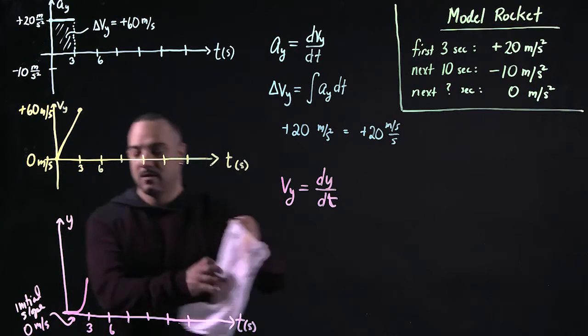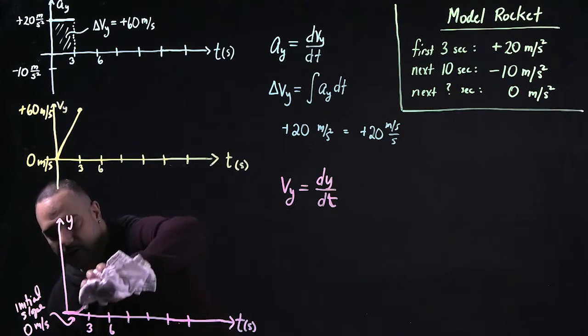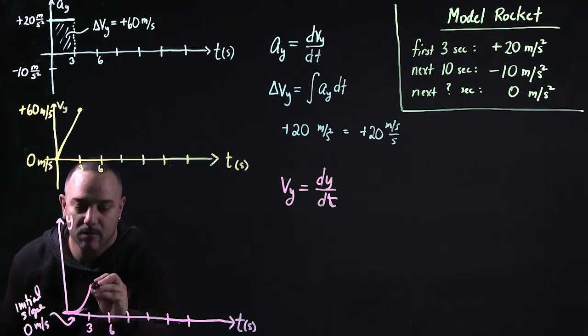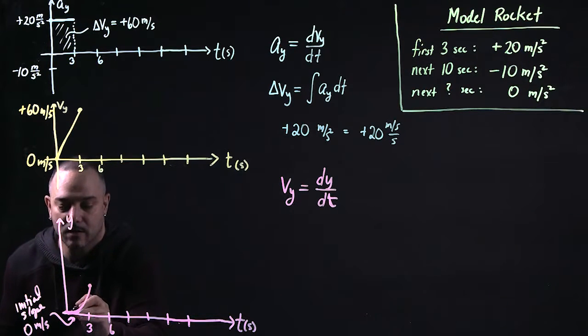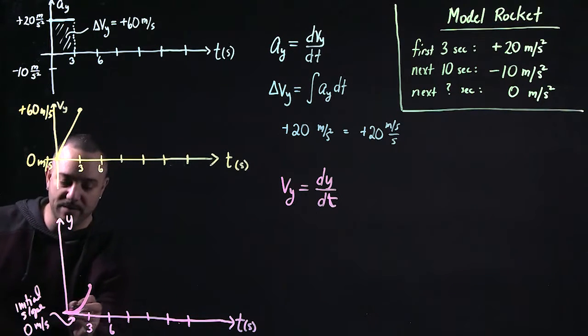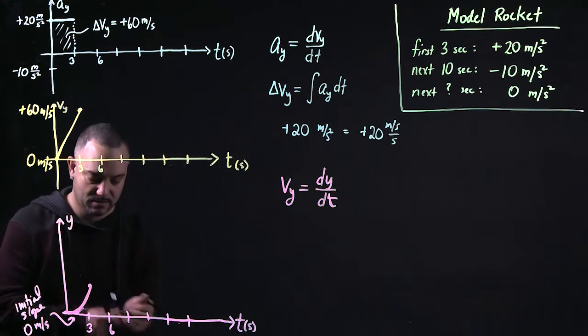Let me redo that little piece. All right, so as you can see, the slope is changing. The slope is initially 0, and then I can draw little tangent lines.